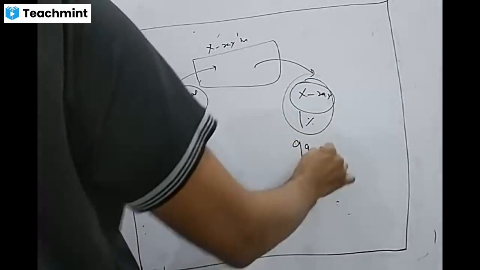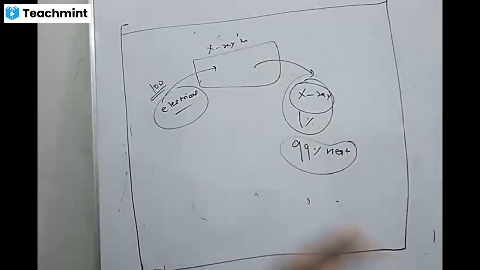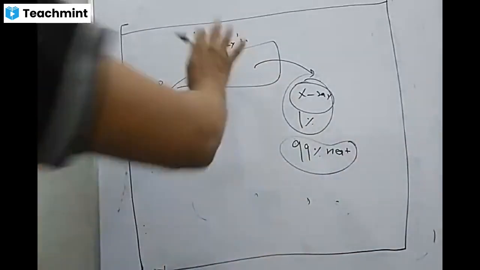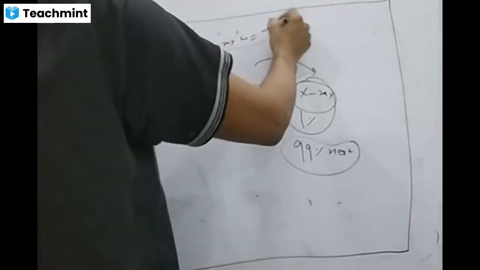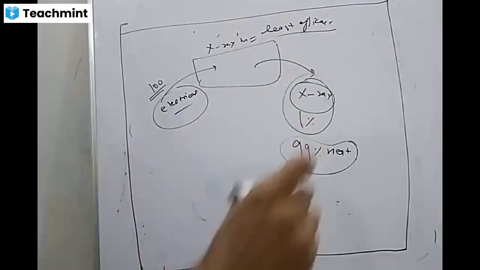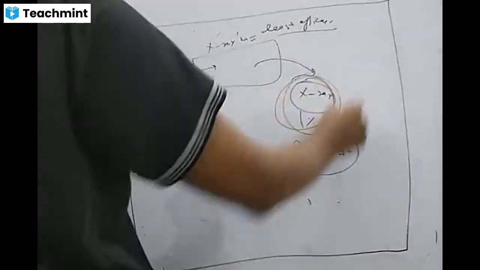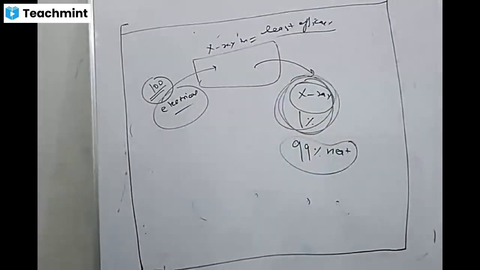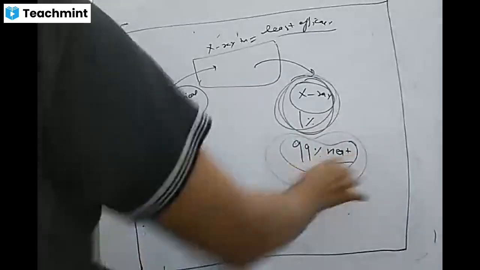What happened to the 99% of our input? That will become heat. It means this tube is of low efficiency, I can say the least efficient tube. Why least efficient? Because we are giving input 100 and getting only 1% X-ray, and the remaining input becomes heat.